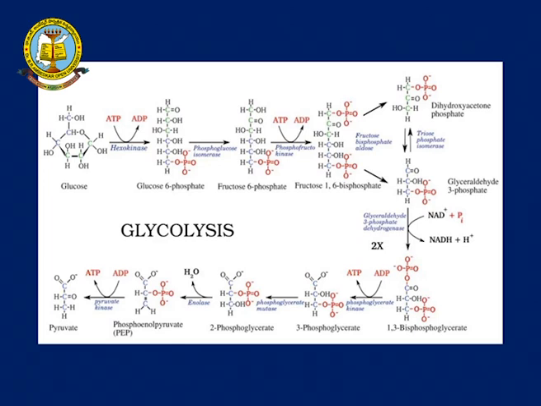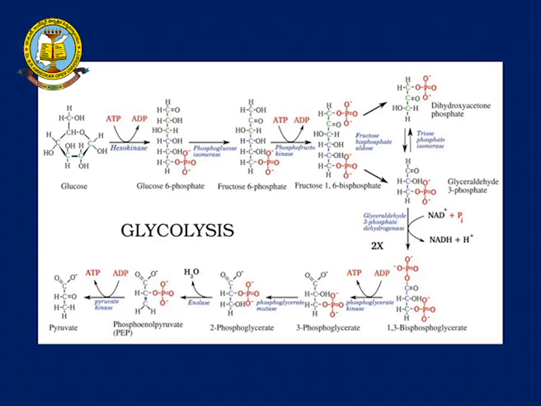Now, the glyceraldehyde 3 phosphate molecule is converted to 1,3 bisphosphoglycerate. Again the phosphoglycerate kinase enzyme is there, with ADP to ATP conversion.